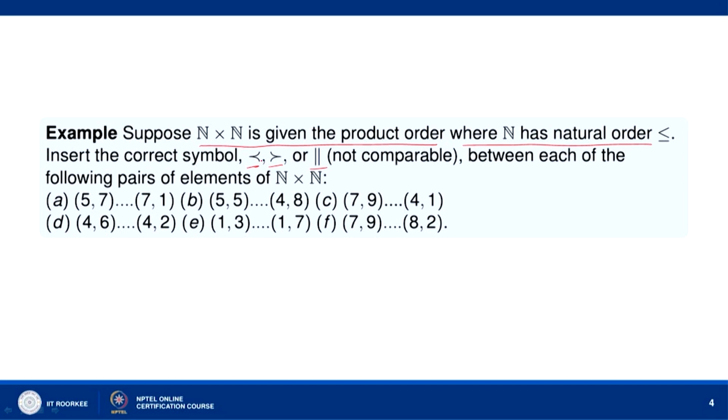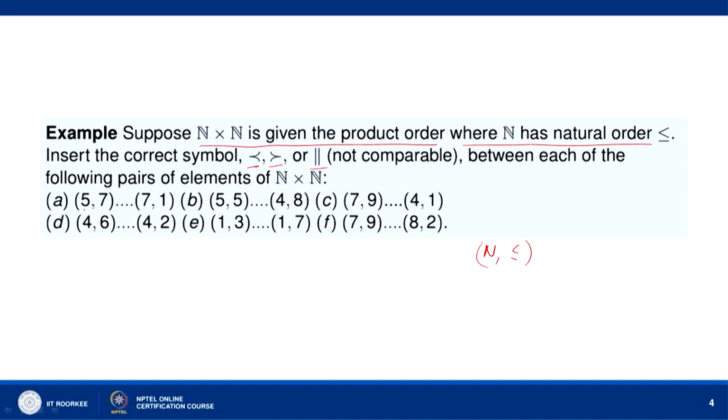N with less than or equal to is a well ordered set, because you take any two elements, one is always less than or equal to the other, so it is totally ordered. Now, we have to insert the correct symbol.